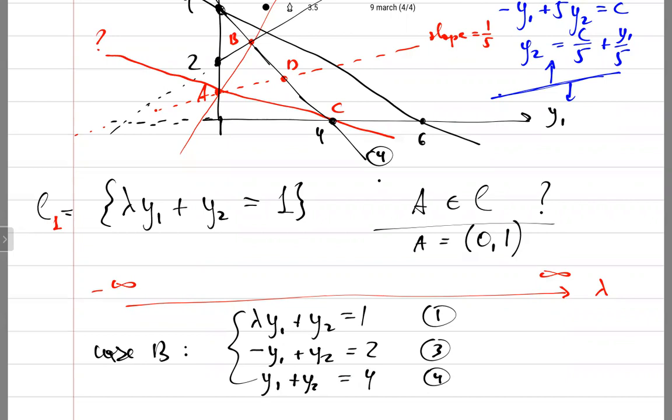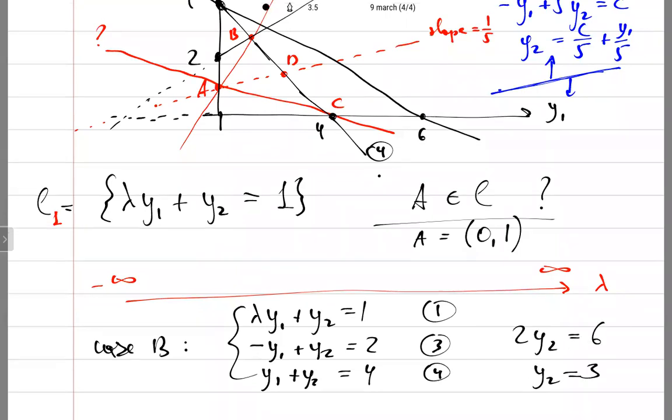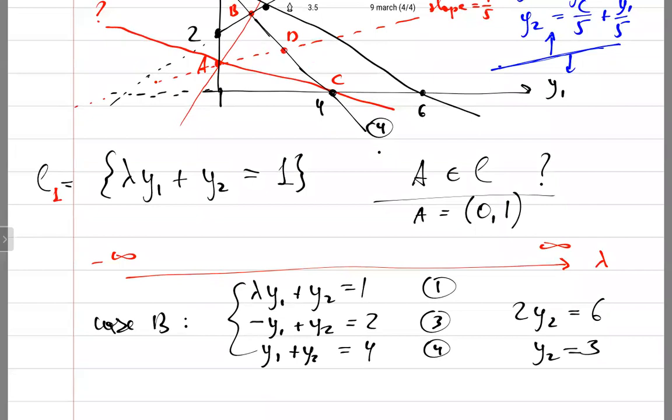Anyone is with me? Yes. Okay. So I just calculate the coordinates of y1 and y2. I sum equations 3 and 4, and I obtain 2y2 equals 6. y2 is 3, and then y1 is 1.